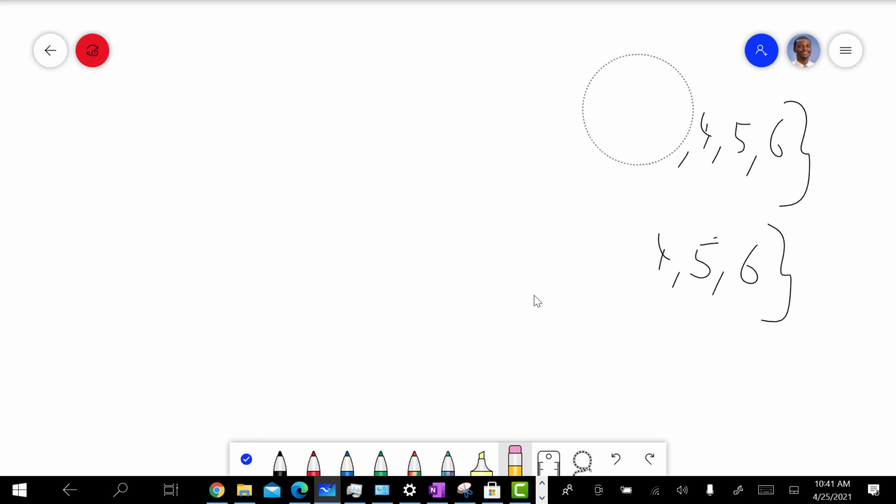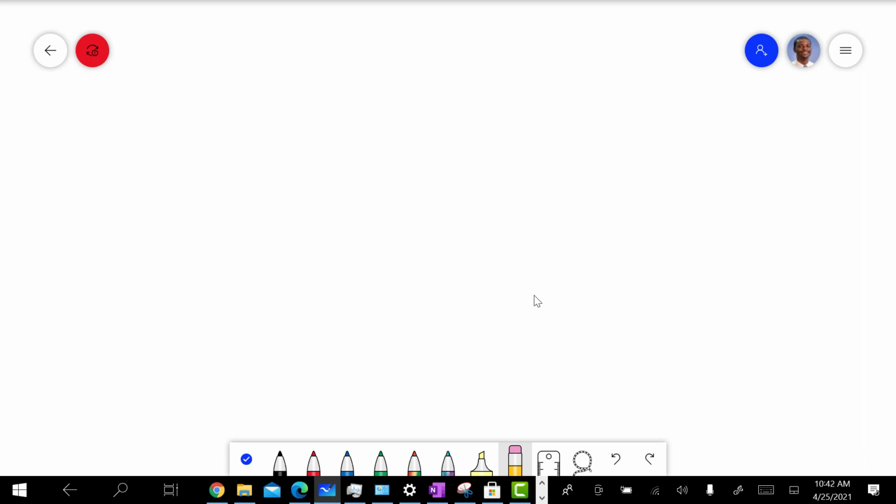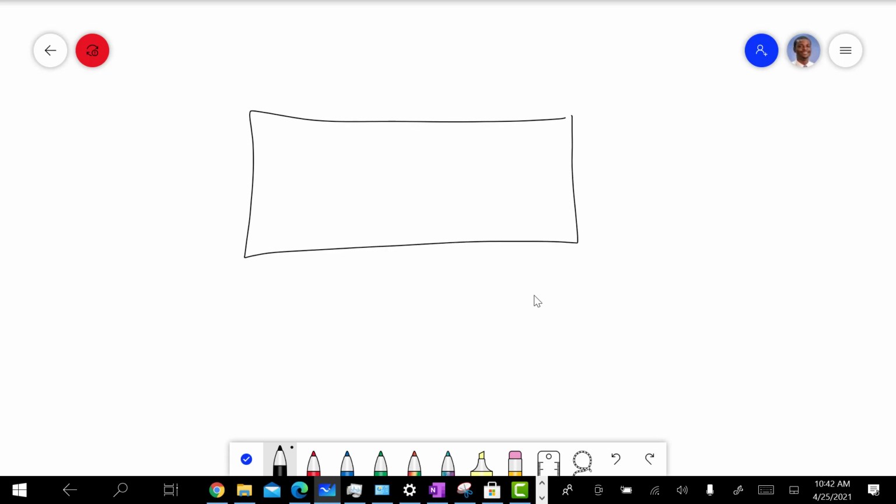Say I have this Venn diagram with S, A here and B here. What do they have in common? Absolutely nothing. Nothing that they share together. So this is a case where you have two mutually exclusive sets A and B.